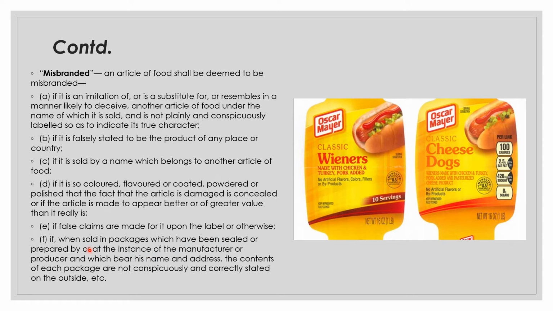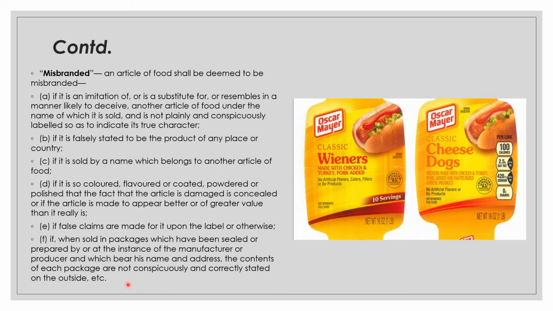Next, when sold in packages which have been sealed or prepared by the manufacturer or producer which bear the name and address, the contents of such package are not conspicuously and correctly stated on the outside.